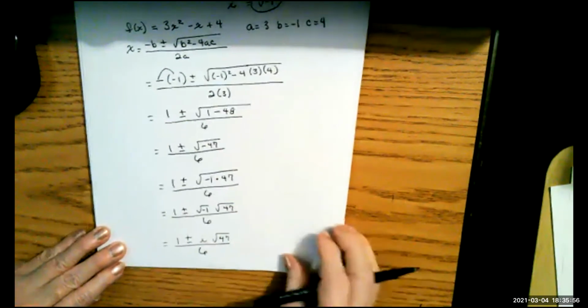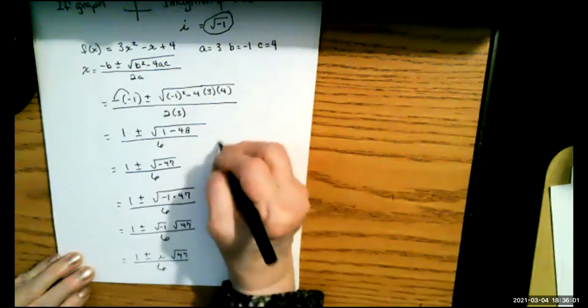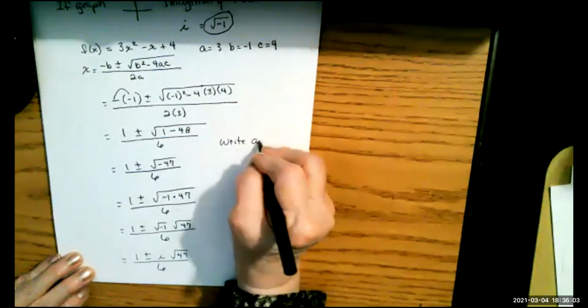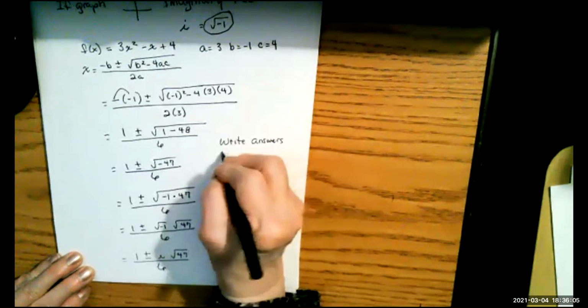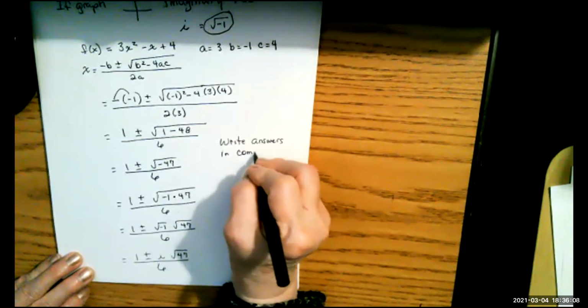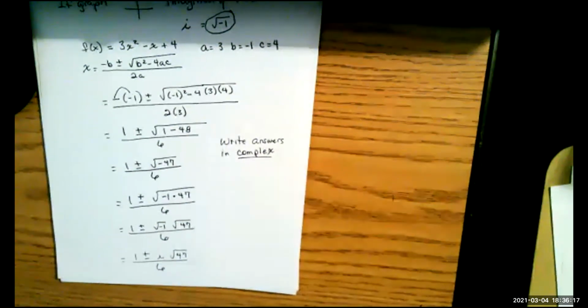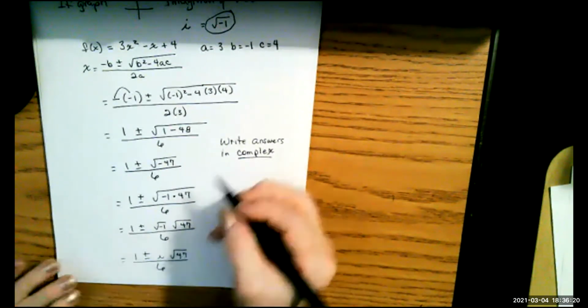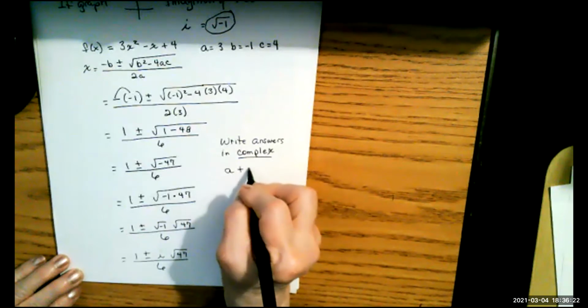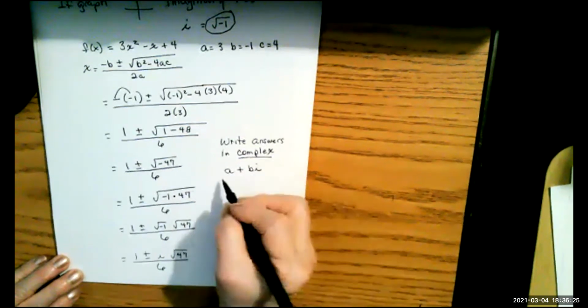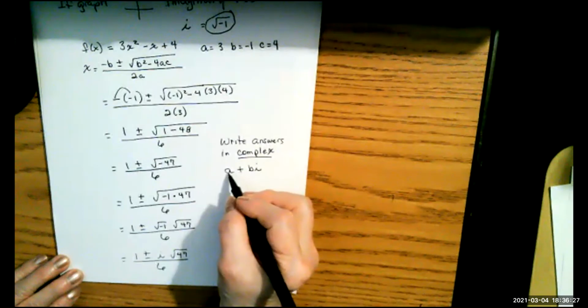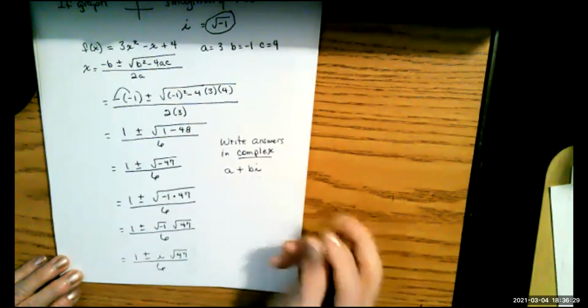Now, you'll have to write these in complex form. When you get into the i's, then you've moved out of the real number system into the system called complex numbers. And all complex numbers have to be written in the form a plus bi, where this is your real part. It didn't have an i on it, but this part does have an i on it.